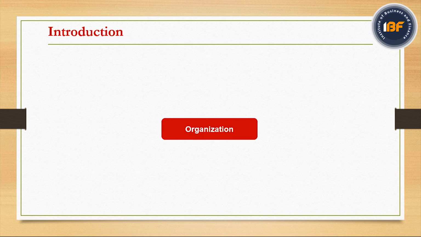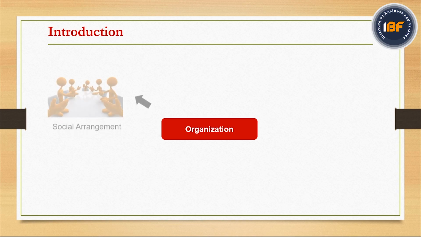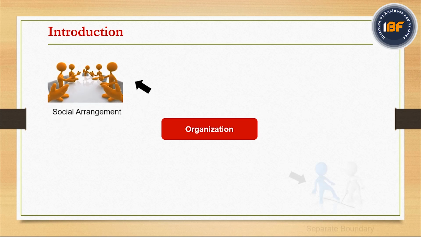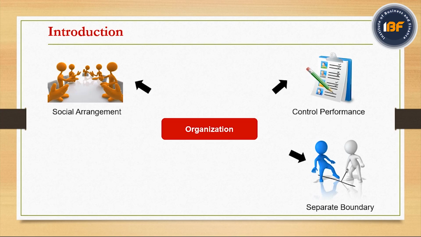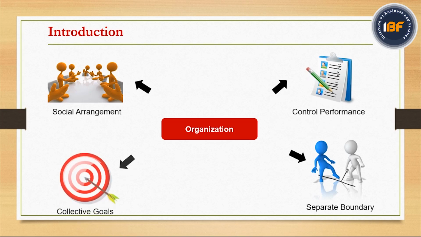Basically, an organization is a tool which people use to achieve their desired goals and objectives. And an organization also has some essential characteristics, and these characteristics are social arrangement, separate boundaries, controlled performance, and collective goals.